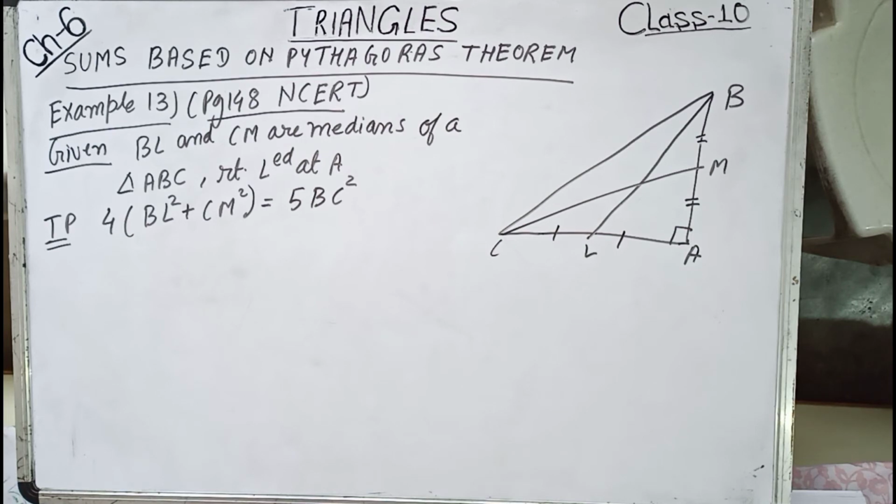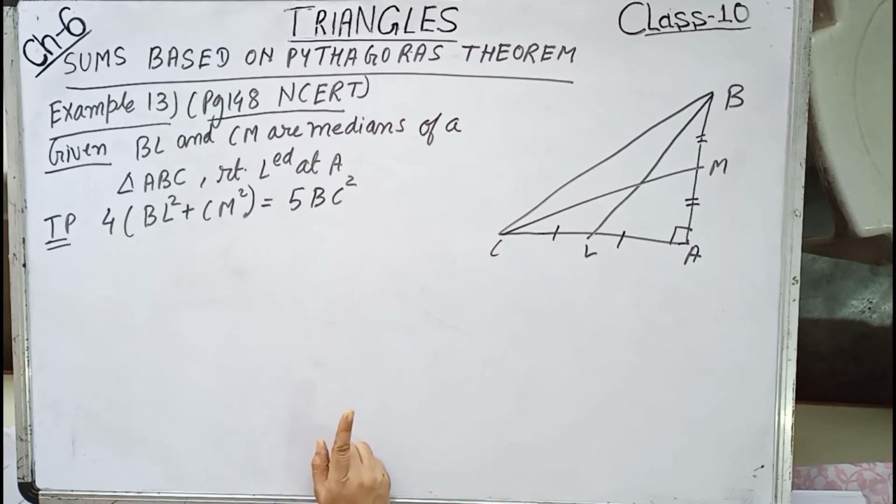The examples based on Pythagoras theorem start from example number 10. So 10, 11, 12, 13, 14, five example sums are there. So I am selecting any two, whichever I feel is important or needs to be discussed with you. The rest you will be doing on your own, the example sums necessarily.